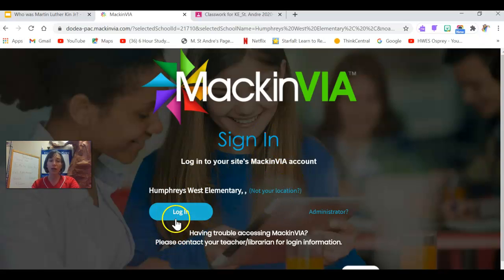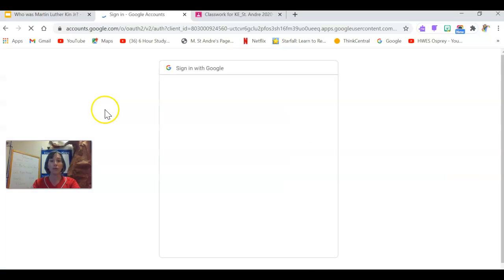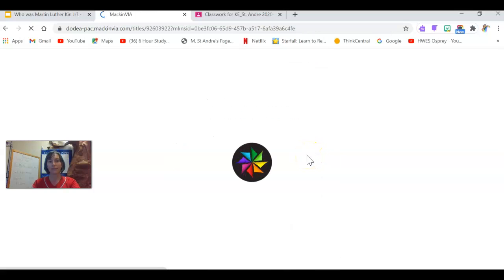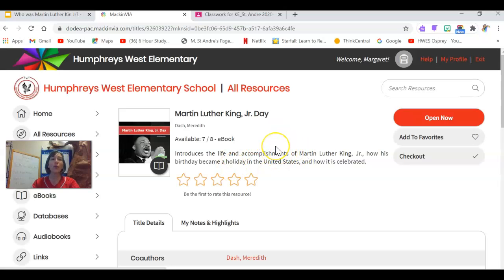Once you get to the login page, you're going to click login and sign in with Google. And you guys all know your Google account. And here you are at Humphreys West Elementary School. This is just like a library.